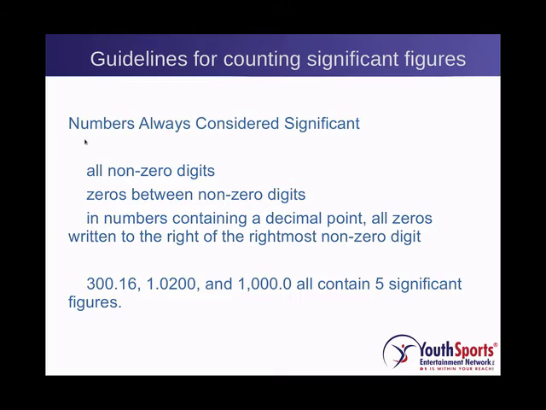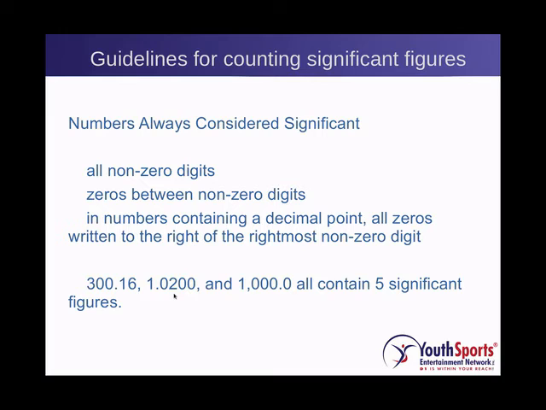Now, when we write a measurement, we have to specify how sure we are of each number. So the way it is written is, for example, if we are writing 300.16, what we are saying is we are sure of all of these numbers. Similarly, when we write 1.0200, yes, we have an unlimited number of zeros after the digit, but these 2 zeros mean that we are sure of them, therefore they're significant.